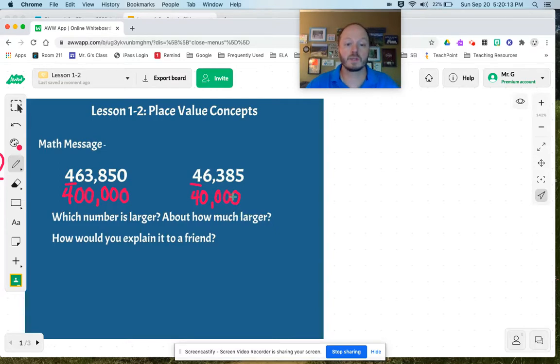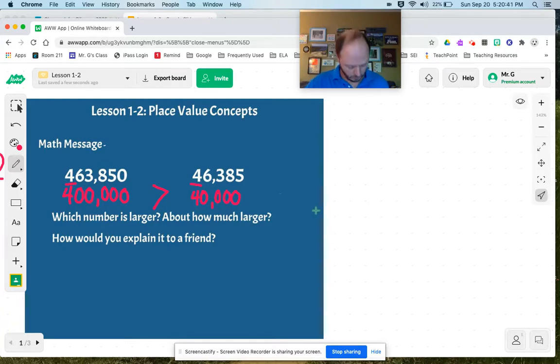And we can compare those two, and we can easily see that 400,000 is greater than 40,000, right? And that's a big reason why 463,850 is bigger than 46,385. Okay, so that is the key piece in why this number is bigger than that number.